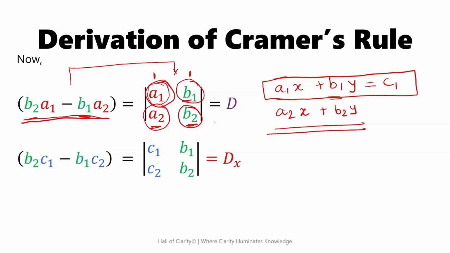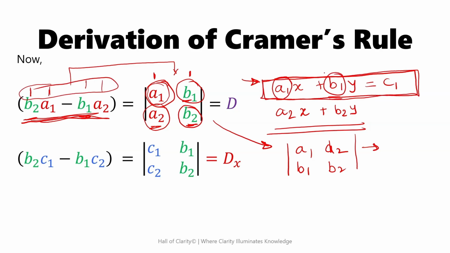Now some students may argue, why can't we write a1, a2 and b1, b2? Because see, this a1 and b1 belong to the same equation. Similarly, a2 and b2 belong to the same equation. Therefore, we have to write a1, b1 in the first row, because this equation is written in the horizontal way.